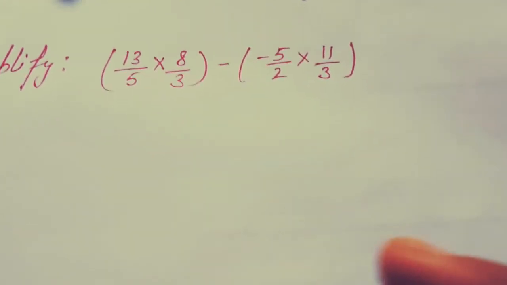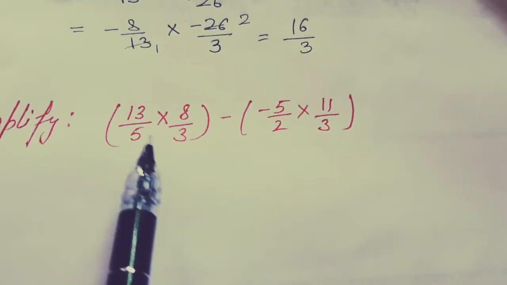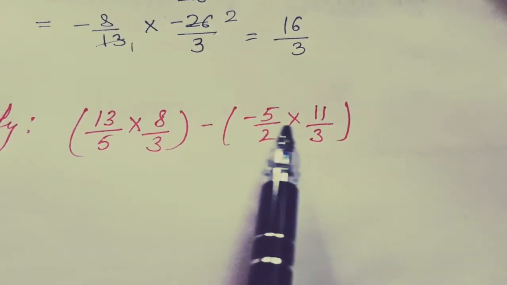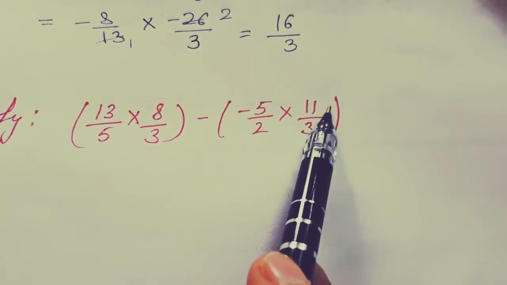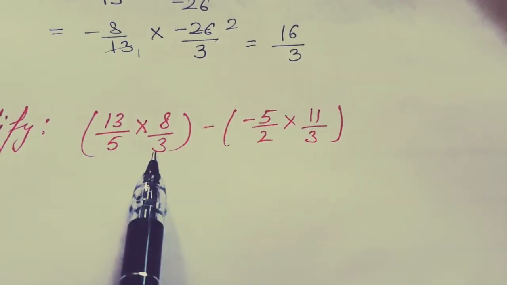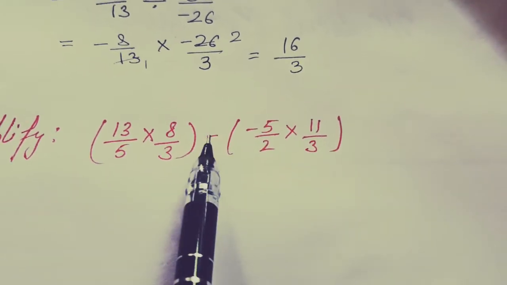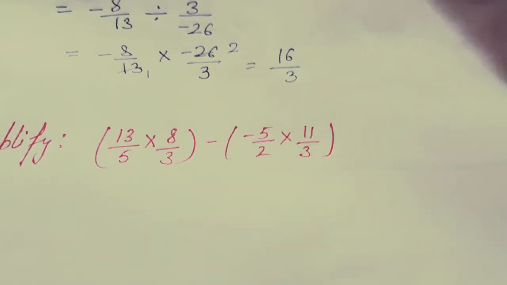Next is 13 by 5 multiplied by 8 by 3 minus 5 by 2 multiplied by 11 by 3. First of all, we will solve these brackets first and afterwards we will subtract the numbers.